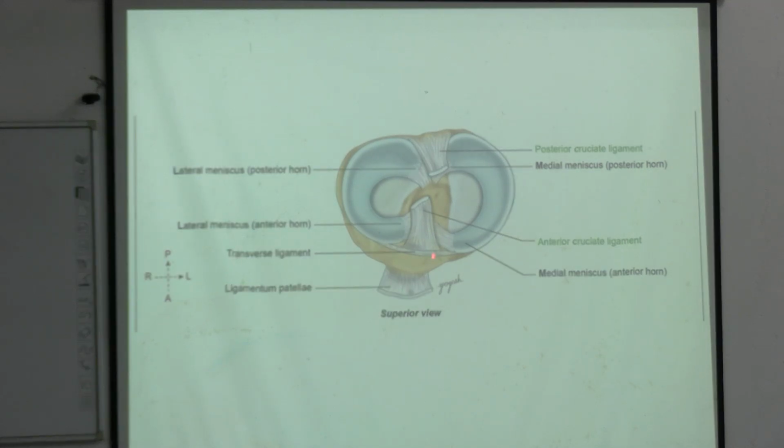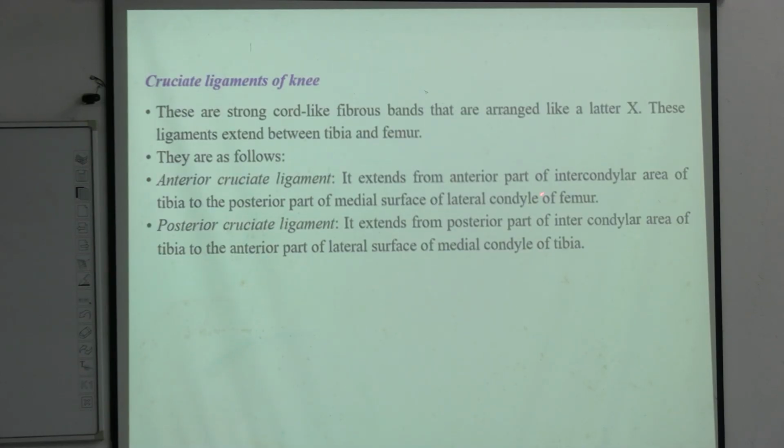this particular tibial intercondylar area. Taking one ligament at a time, the anterior cruciate ligament, as you see here, is present in the anterior part of the intercondylar area, and it goes laterally backwards to the posterior part of the medial surface of the lateral condyle of the femur.